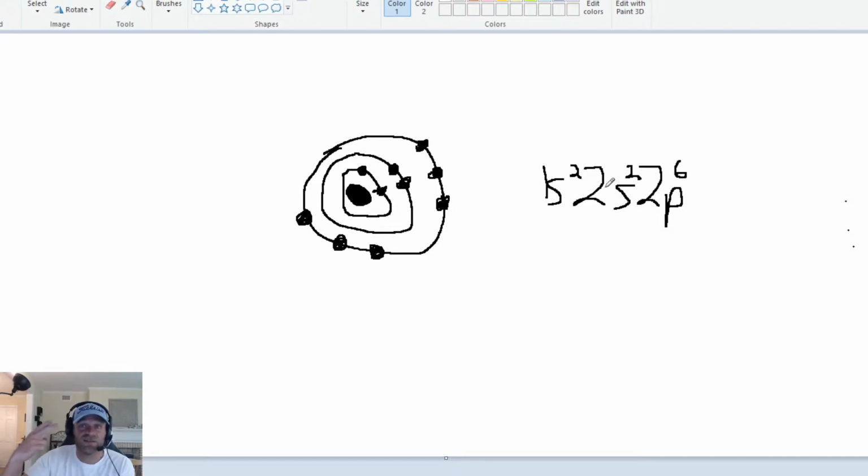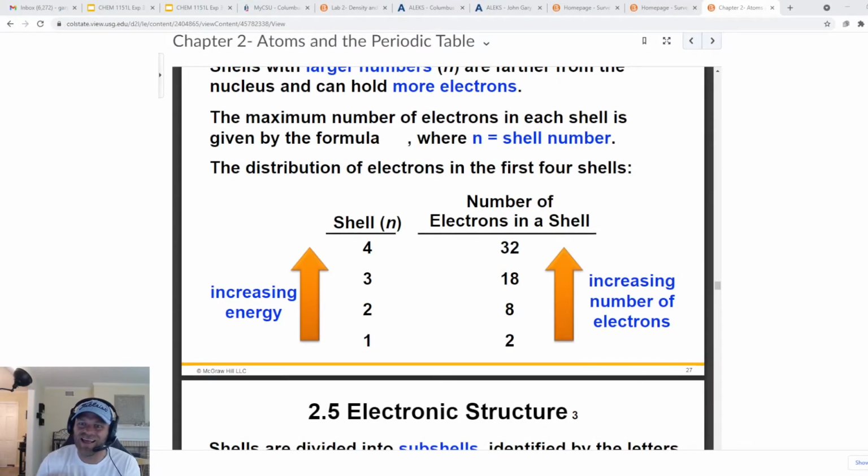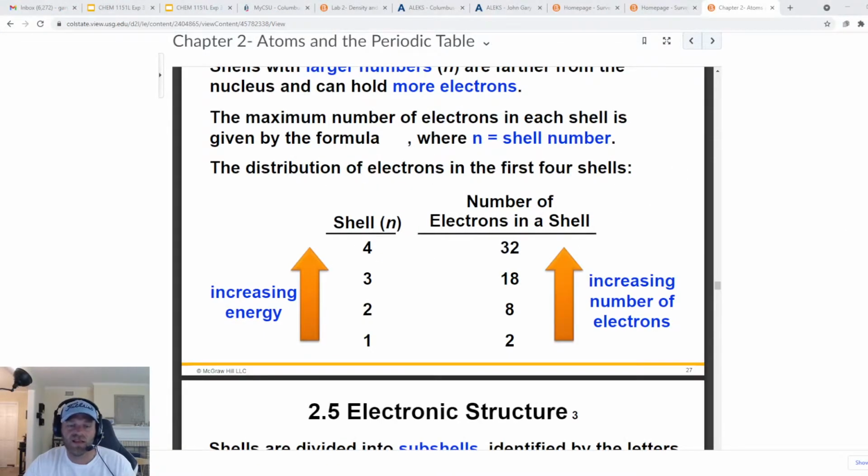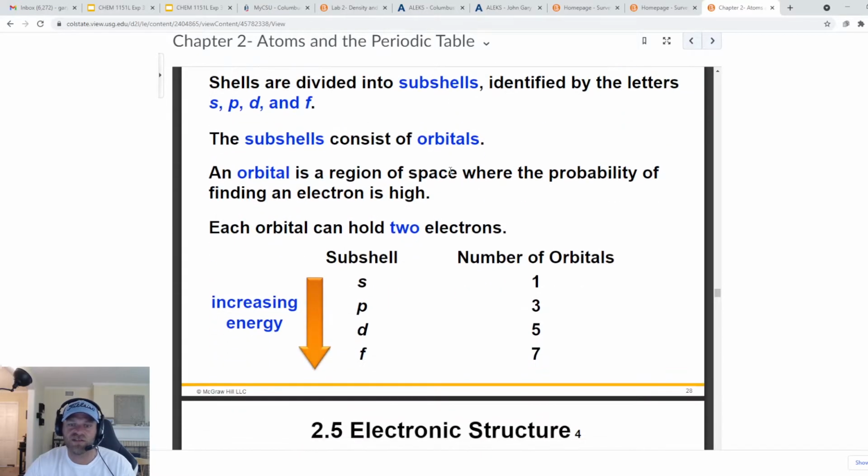That means electron energy level 2, principal energy level 2. All right, but now it says here that I can get 8 electrons on energy level 2, right? But you see that I've only put 2 on the s subshell. So the electron shells are divided into subshells as well.